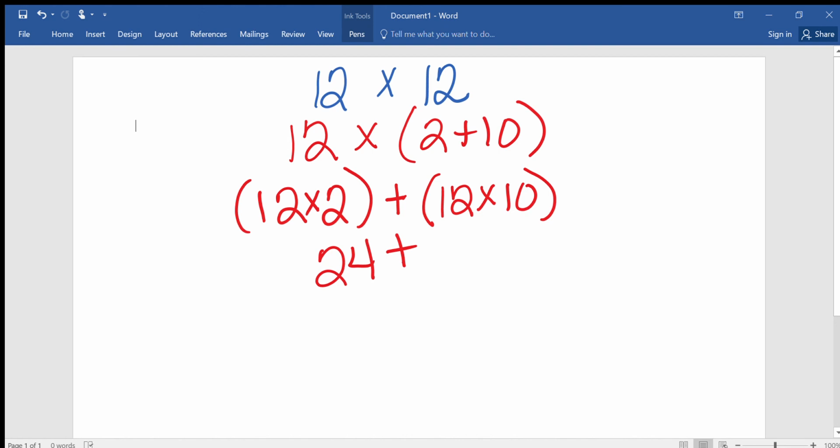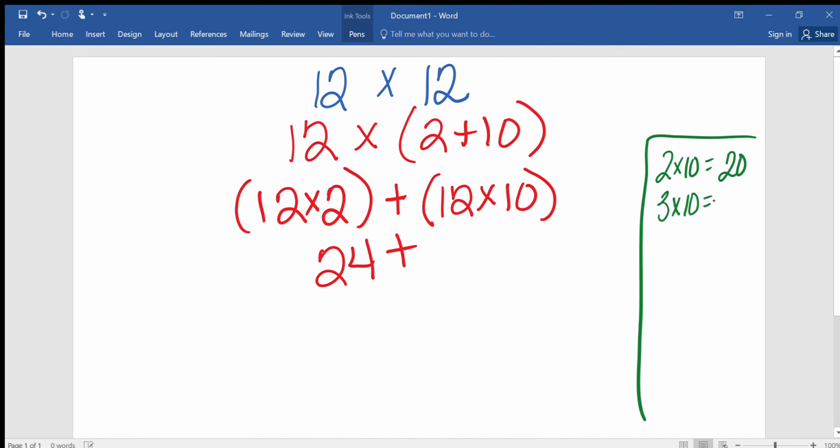Anything times 10, you just add a 0 at the end. 2 times 10, 20. 3 times 10, 30. 6 times 10, 60. 11 times 10, 11 and a 0, 110. 10 times 10, 10 and a 0, 100.